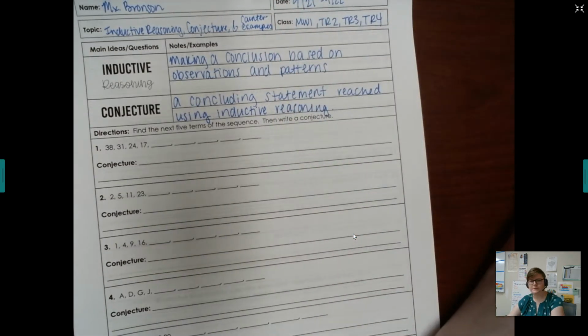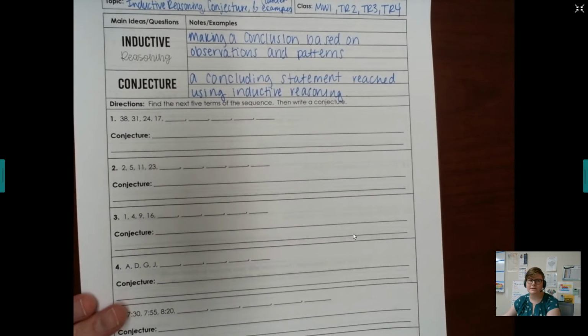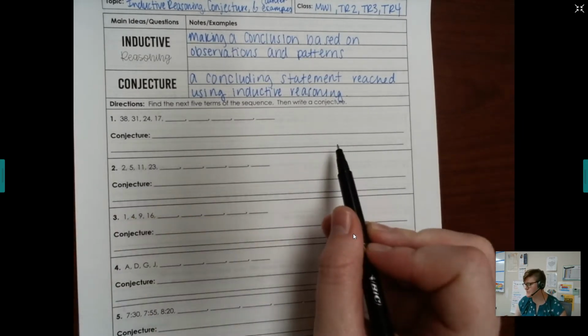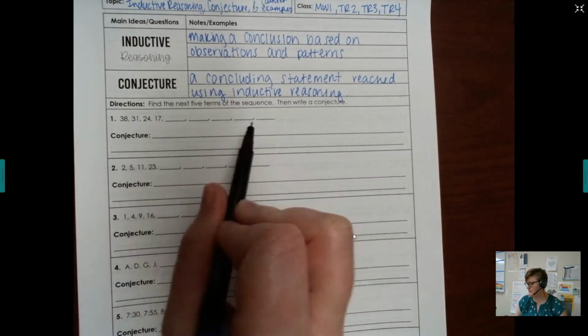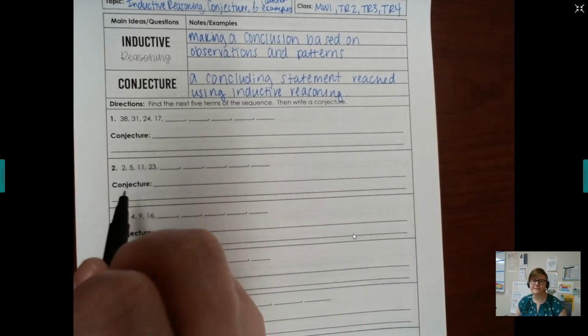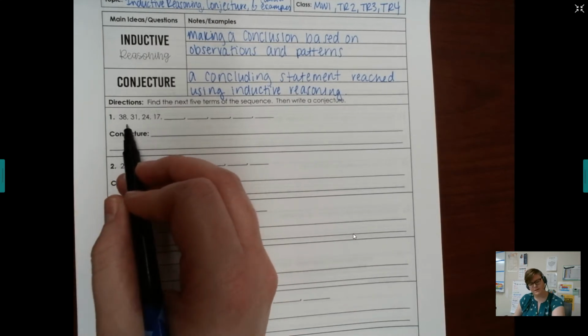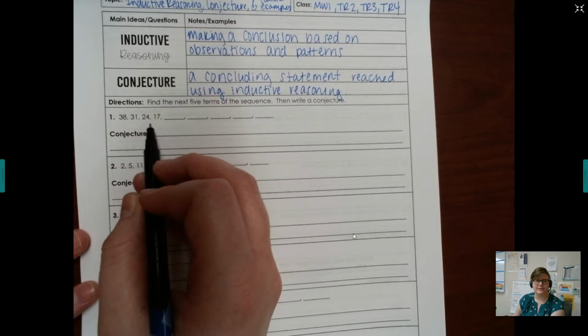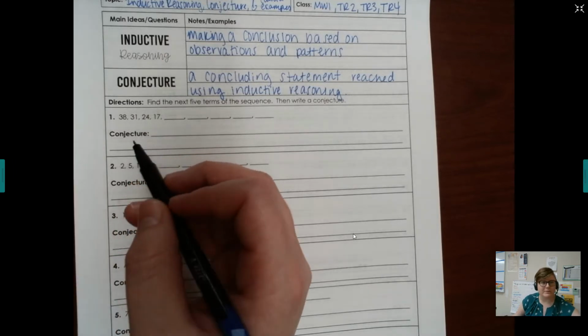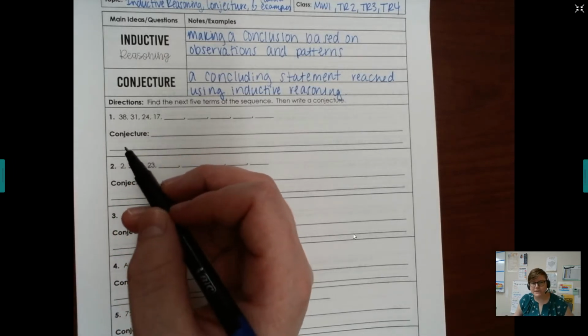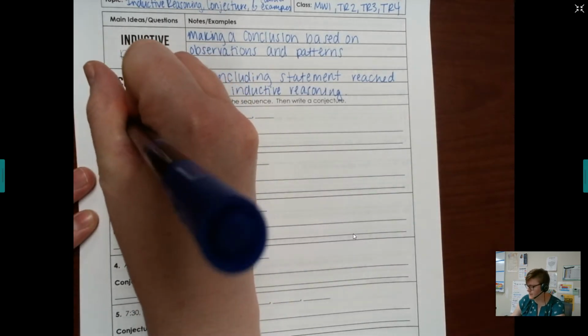All right, so basically we're going to use some inductive reasoning to make conjectures about these numerical sequences. The first one, we've got 38, then 31, then 24, then 17, and you might be noticing that each of these, they've subtracted 7 from the number before it.